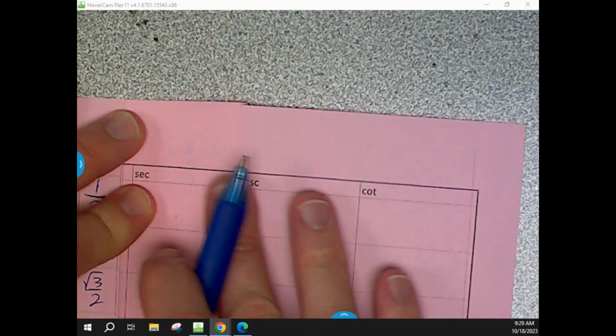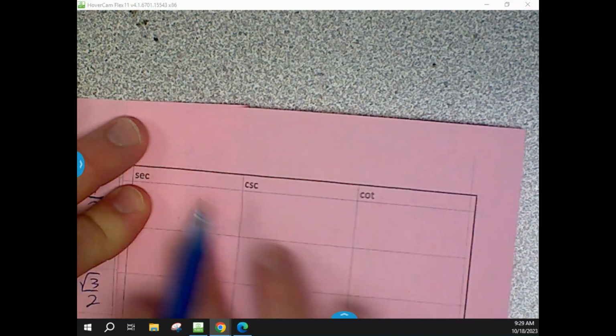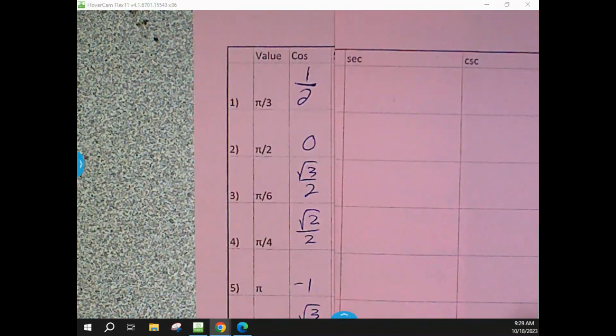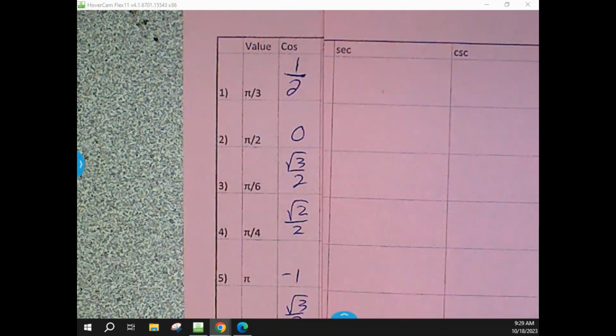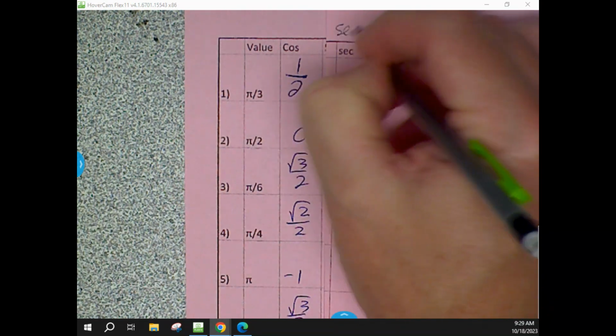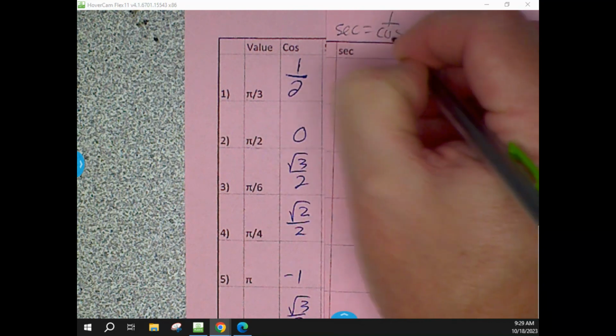Okay, so back over here, I'm going to fold this so we can go back and see what's going on with it. So if we're doing secant, we said it's 1 over cosine. So when we do secant, you can basically cover up anything else that's not cosine. Because again, secant is 1 over cosine.